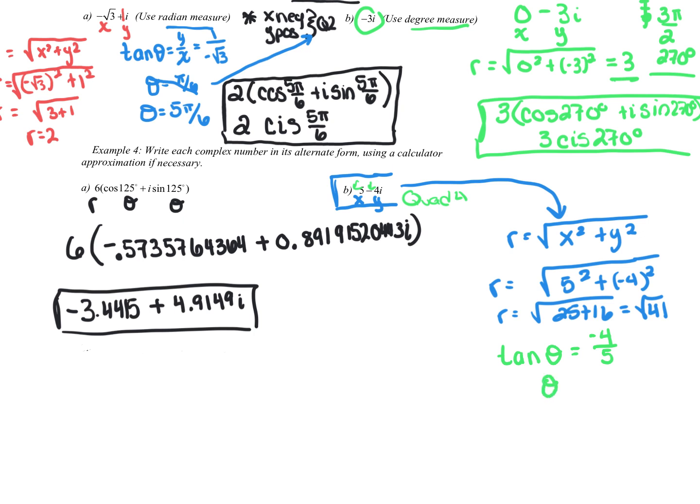Arctan of negative 4 over 5 or negative 0.8 in the calculator, and you should get negative 38.66 degrees, which we're going to call, because we're going to put it between 0 and 360, 321.34 degrees.